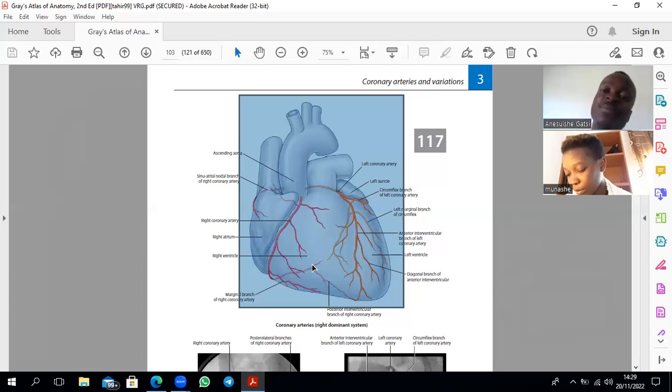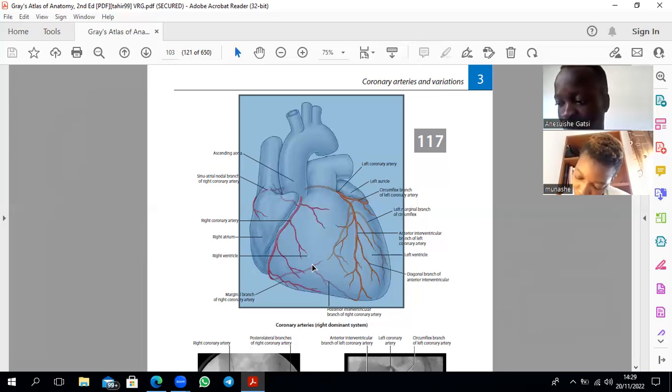Then the smaller one, which is the right coronary artery, only supplies the opposite one, which is the left bundle branch.